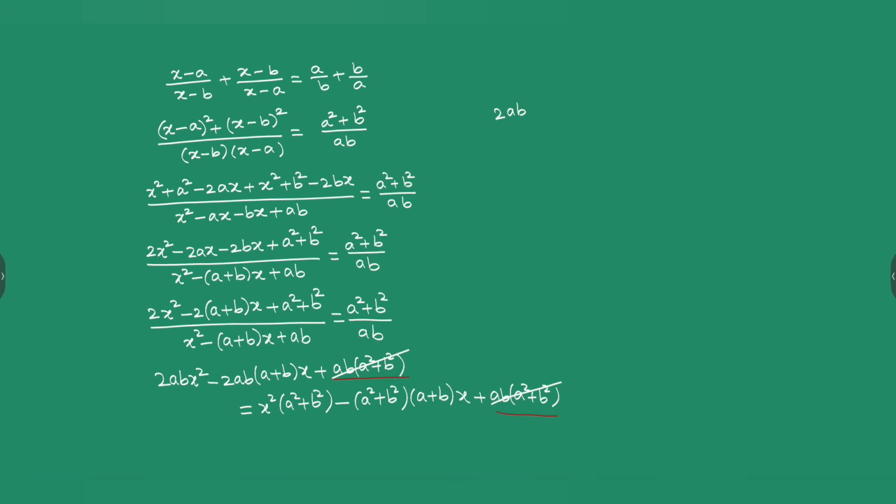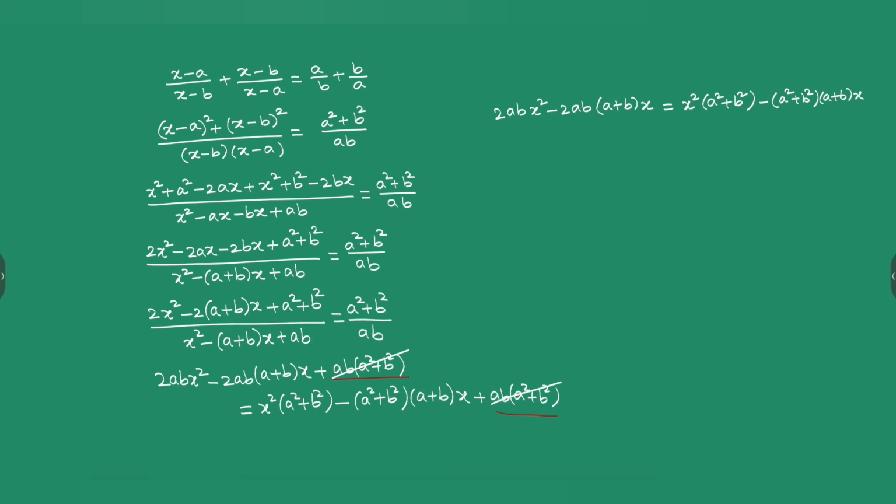Now the remaining leftover is 2ab x square minus 2ab into a plus b into x is equal to x square into a square plus b square minus a square plus b square into a plus b into x.